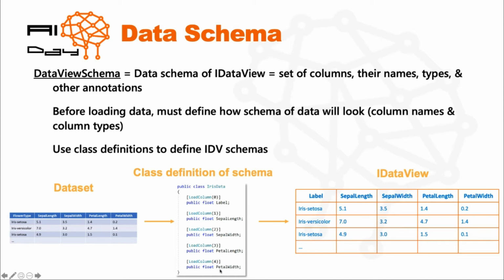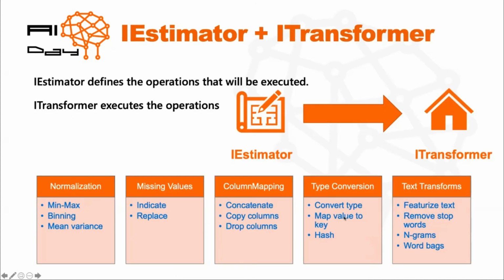The name is not important, but there is the LoadColumn attribute, which specifies that this property is for the first column, this other property for the second column, and so on. So you have to decorate your model with this attribute. Then when you add the code, you will have the data loaded into this object in memory. You will see in a minute about the code.